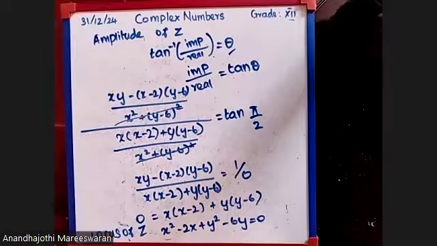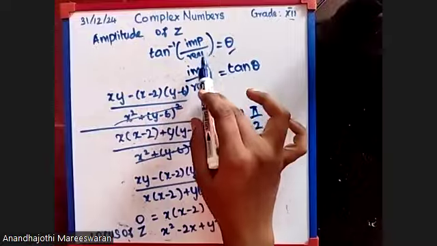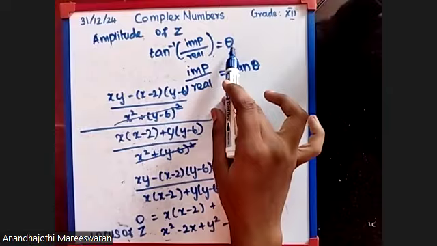Fine. So in this sum, what is given is that the amplitude of (z minus 2) divided by (z minus 6i) is pi by 2. We solve this by replacing z equal to x plus iy. Then we substitute the formula for amplitude, that is tan inverse of imaginary part by real part equal to theta.